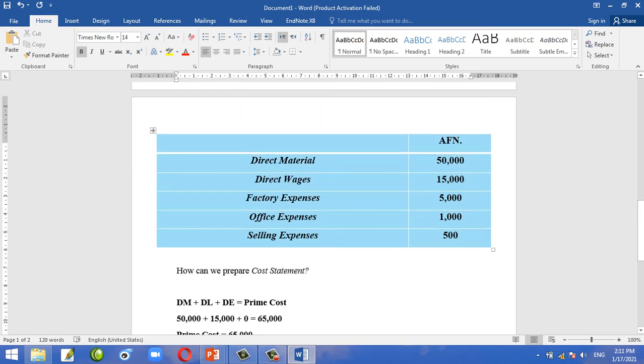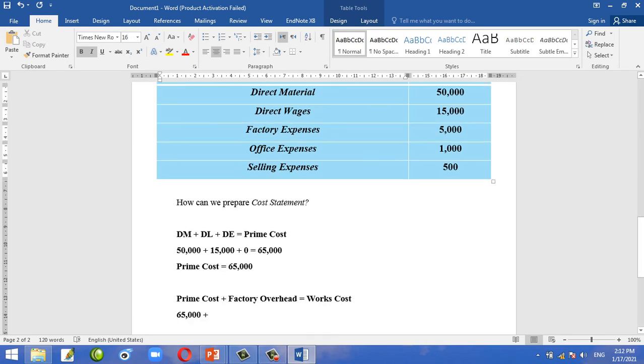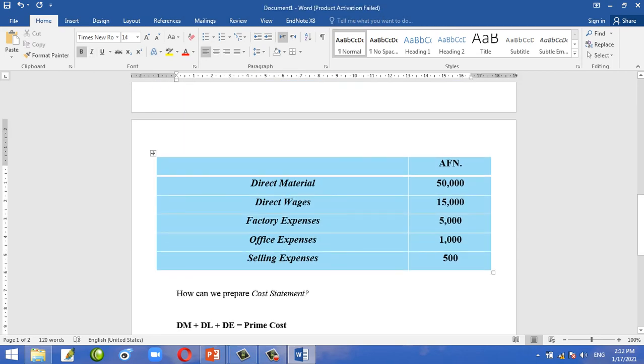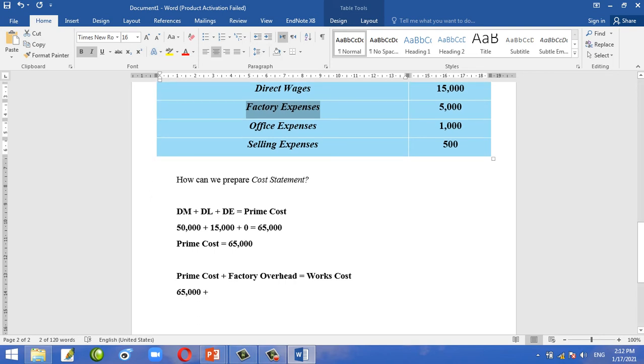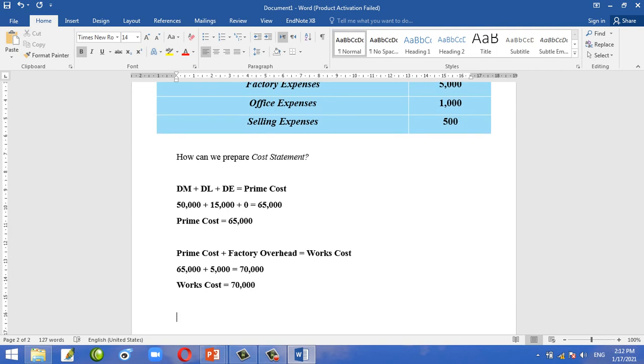Factory overhead is a combination of the indirect material, indirect labor, and indirect expenses. Here we only have factory expenses, that one is called factory overhead. That is 5,000 Afghanis. The total is 70,000 Afghanis. So works cost is equal to 70,000 Afghanis.